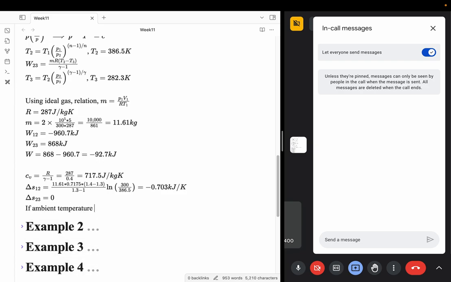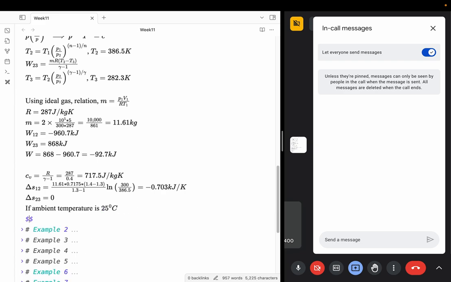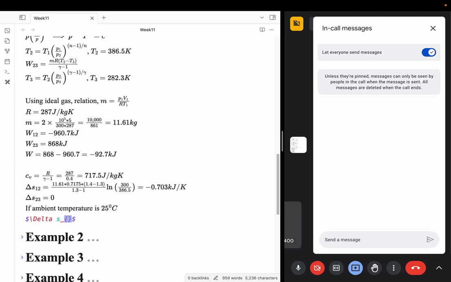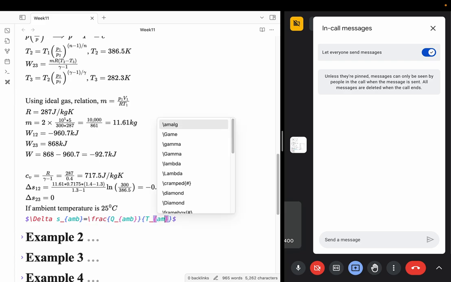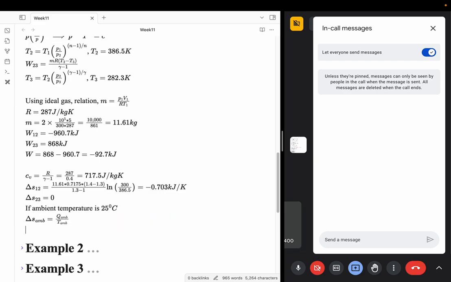How do I calculate the change in entropy for the ambient? T ambient is known.